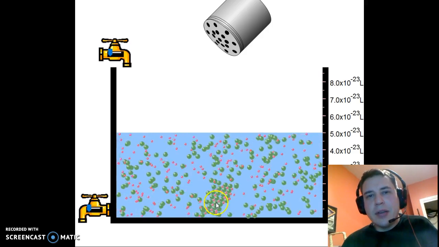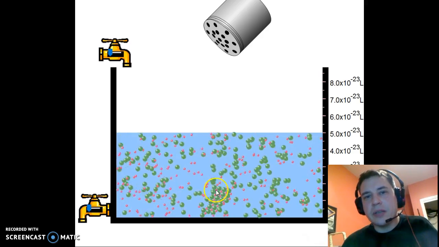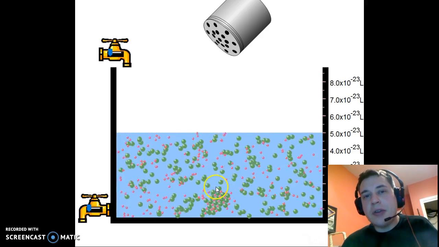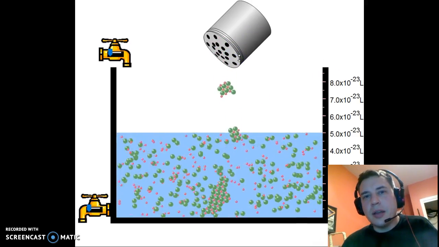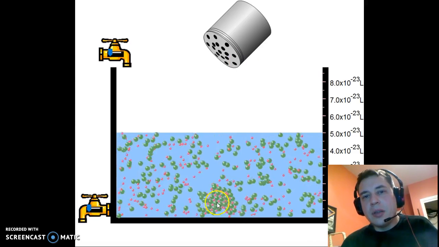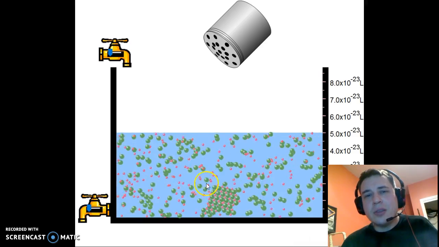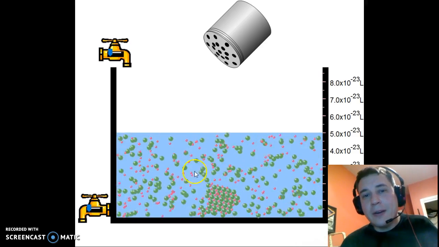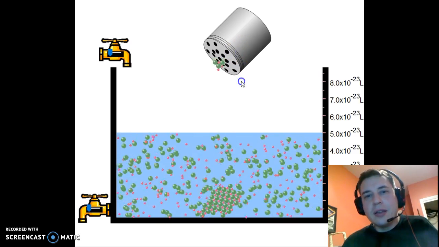Now, the crystal has a pattern to it. It has a positive next to a negative, next to a positive, next to a negative. The ions are attracted to each other. So if you put more ions in there, they'll dissolve, but as they bounce around, they will eventually bounce into that crystal at the bottom, and if they bounce in just the right spot, they'll complete the pattern and they'll stay there. If they don't hit the right spot of the pattern, they'll just go away and more will come in.